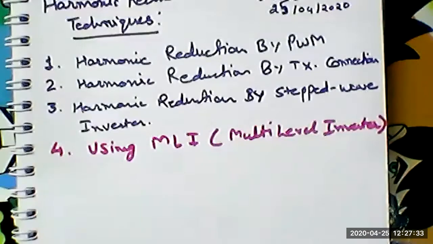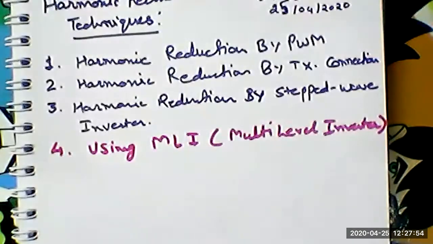The upper three techniques are used for step wave inverters, right? And for the fourth one, rather than using the step wave inverter, you can use the multi-level inverter. This is another article which we will see in coming classes, right?